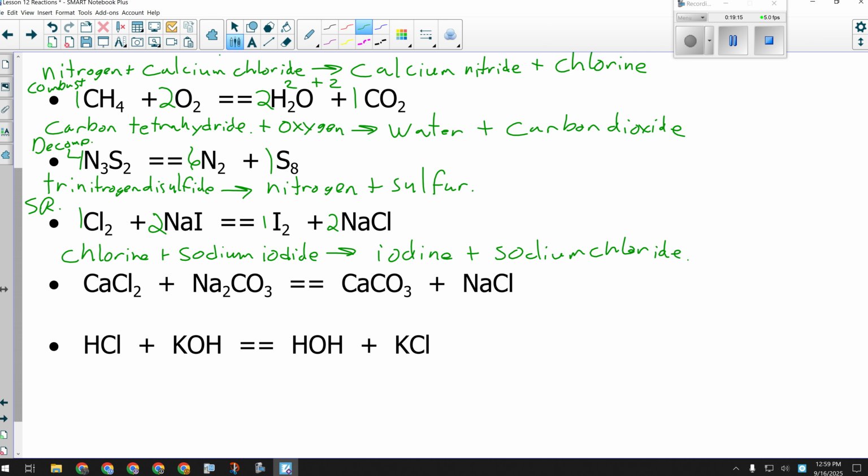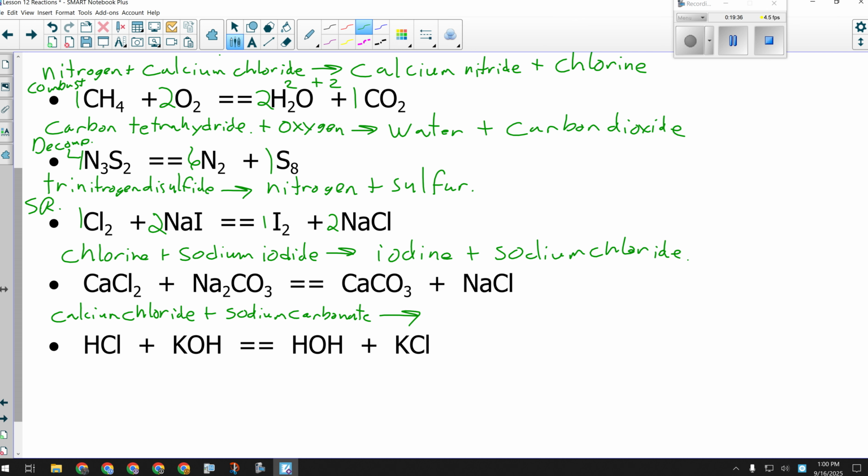How many people have done the next one? Okay. So on this one here, I have an ionic compound, calcium chloride. It's reacting with another ionic compound, sodium carbonate.